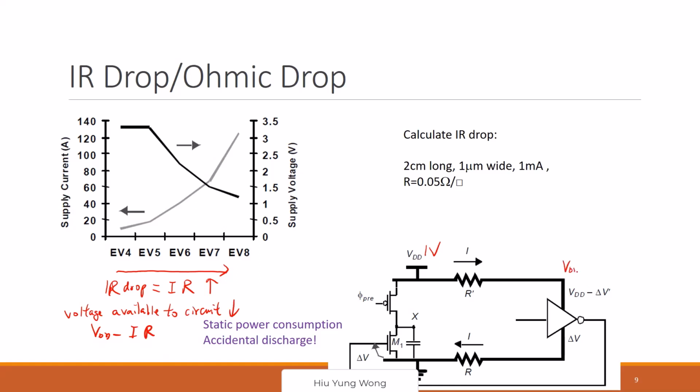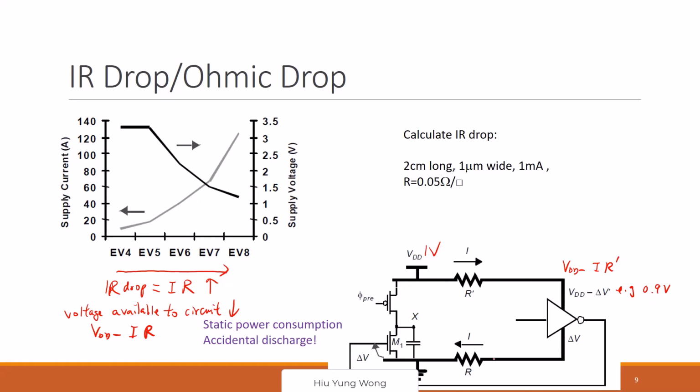It's going to be VDD minus I times R. For example, it can become 0.9 volts. You see that? Because you put your battery at 1 volt, but because of the huge current, when you reach this inverter, it only supplies 0.9 volt to it.